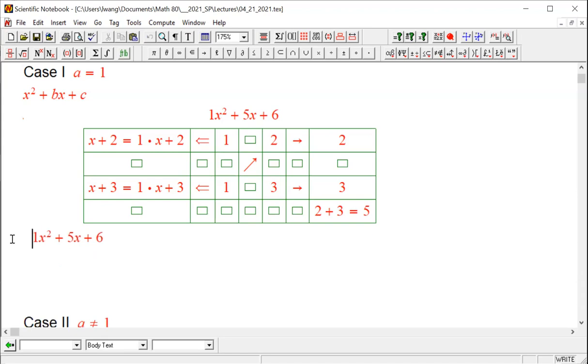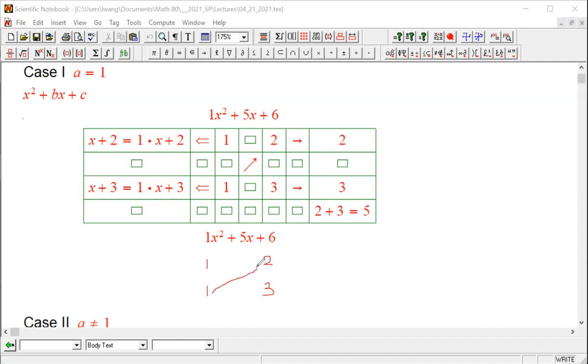The handwriting version of this is the following. The 1 is equal to 1 times 1. The 6 is equal to 2 times 3.